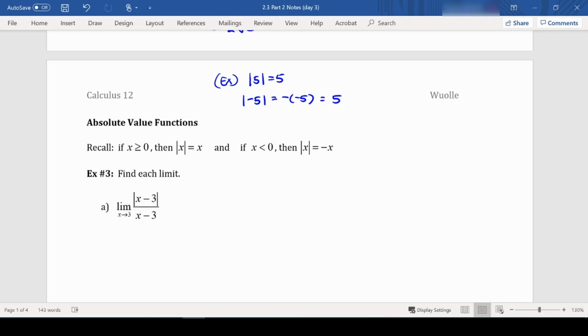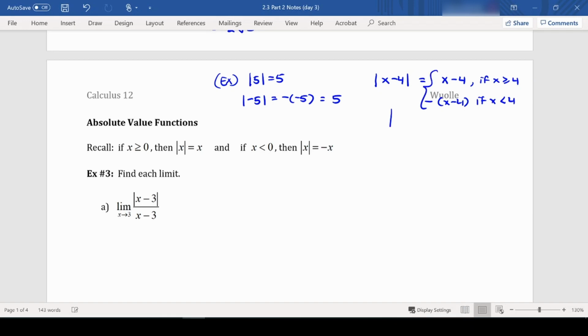We also remember, hopefully from math 11, as well as our review, that if you have something like the absolute value of x minus 4, this can be split into itself if x is greater than or equal to 4, and the negative version of itself if x is less than 4.